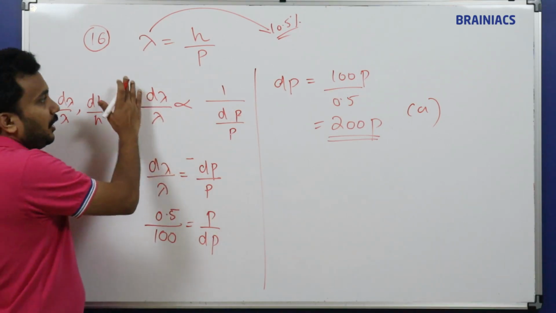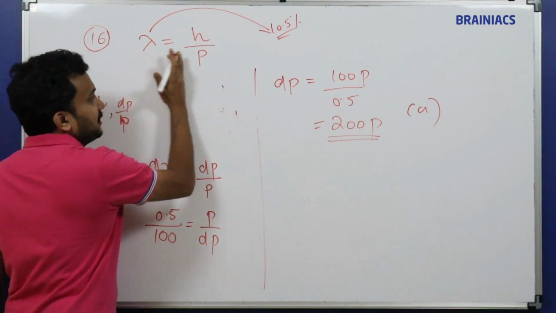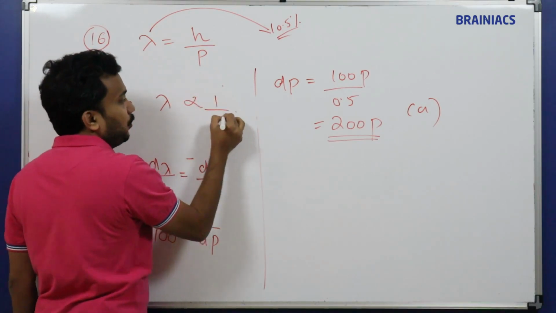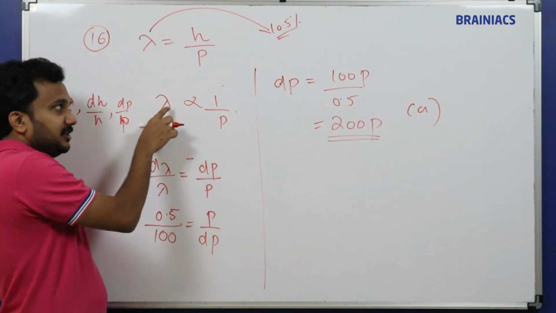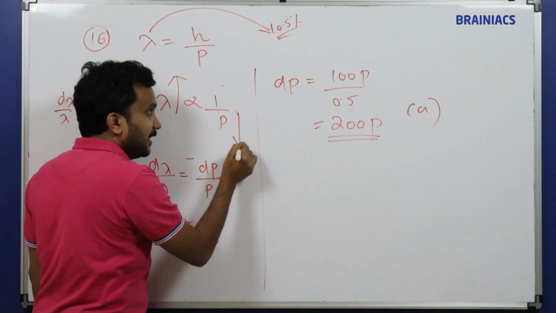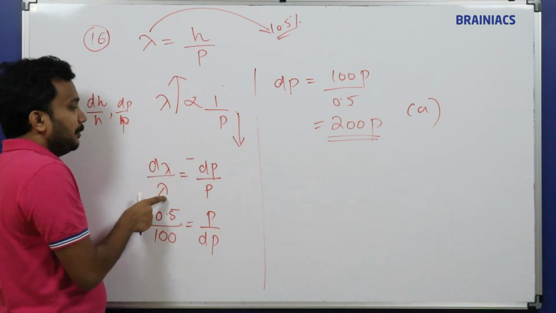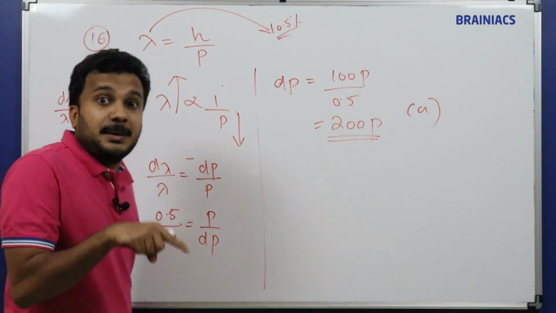Normally we cannot write this equation as it is because the changes are not proportional. We can only write lambda is proportional to 1 by P. When doing the changes, if this is increasing, I can say this is reducing, which means it's an inverse proportion. So here d lambda by lambda, I cannot write as dP by P.